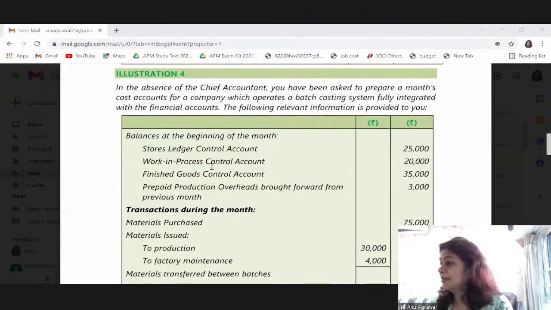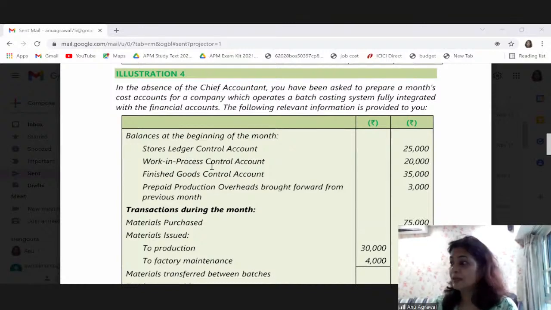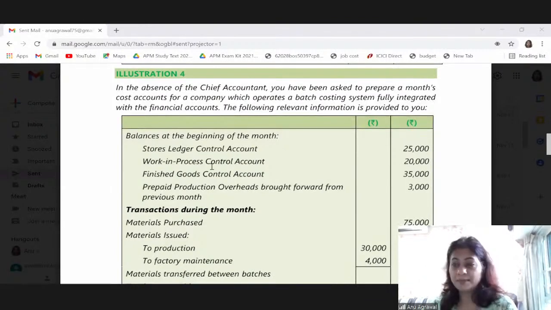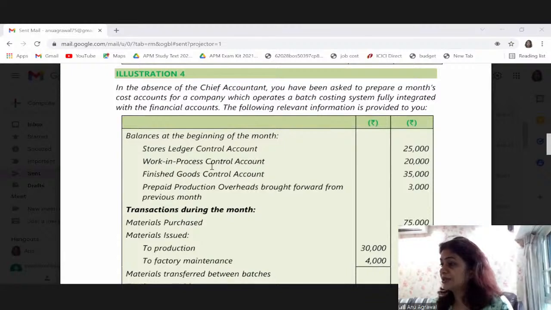Ma'am, there is an issue to open this lecture. It is only buffering. Okay, Pooja, I have no idea. Is it buffering because Pooja is writing this? I don't know how many times she has written this.